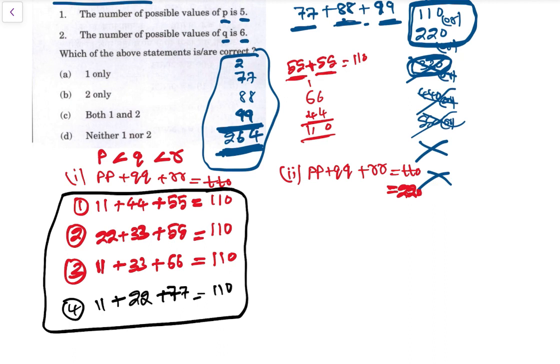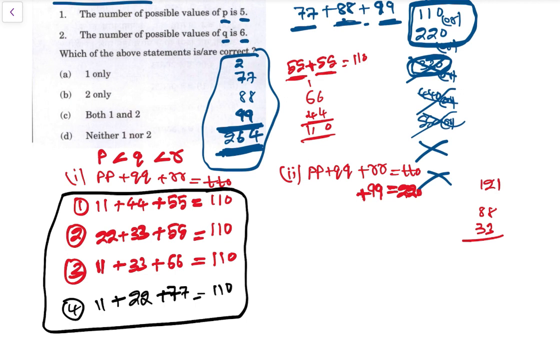Then the possibilities for 220. We can take PP as 99. Taking 99 plus 99, the remaining has to be 121, right. 121 is possible with the same digits. So 88 plus 121, that is 33, 88 plus 133.